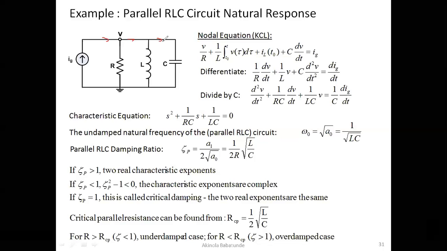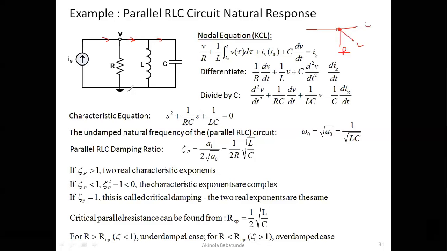So if you are treating this entire line as a node, you have something coming in here. This is your V, and then something is going out here, something is going out here, and something is going out here. This could be your L, this could be your R, and this could be your C, your RLC. I just want to show you this so you can know what is going on here.